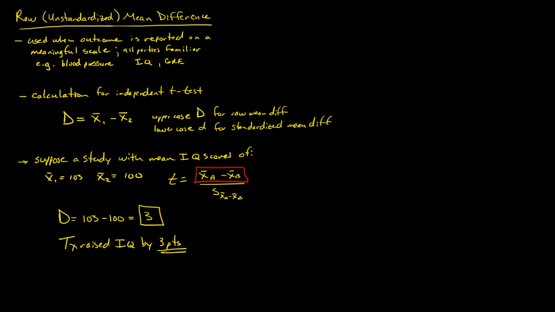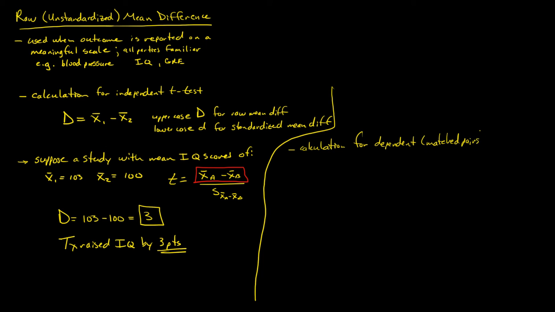Now let's say you had the calculation for dependent groups or matched pairs t-test. Again we're using big D, which equals the mean of the difference scores.